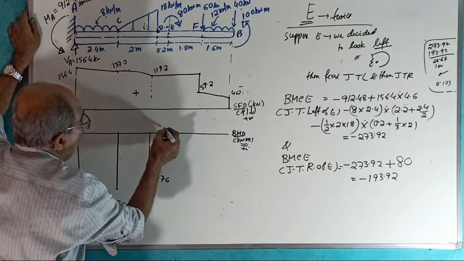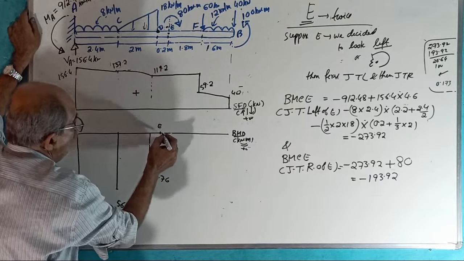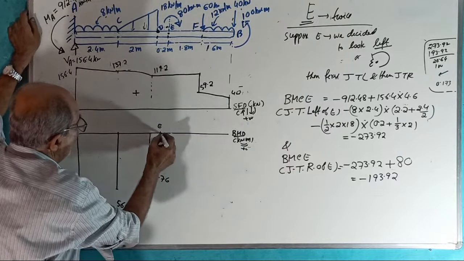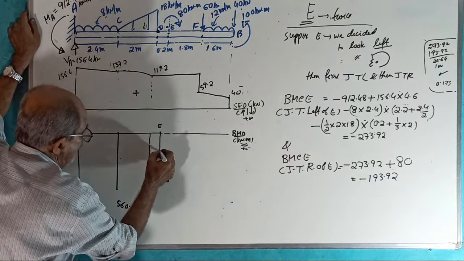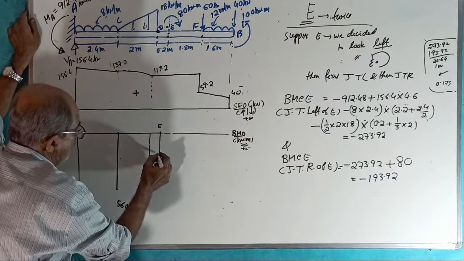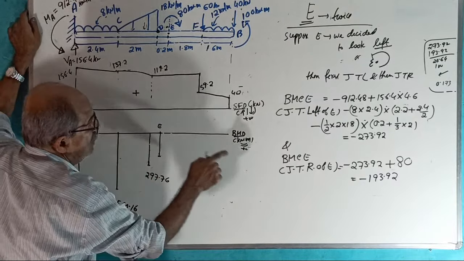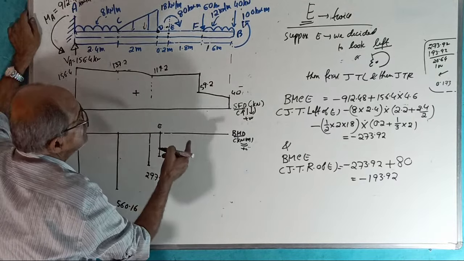at the couple point where E, one BM is 193.92, that is little more. 193.92. Other value is how much?